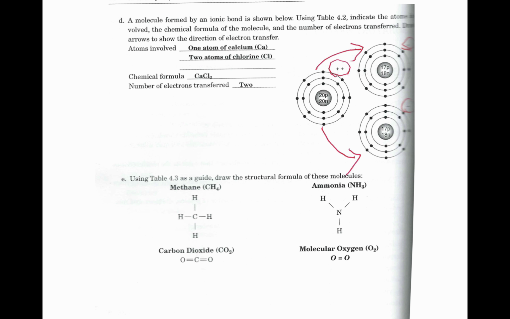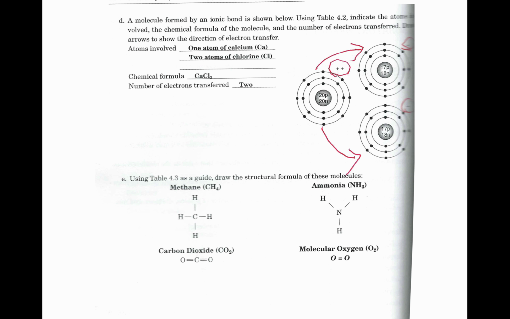Thus now it has 8. Remember, they have to be full. So an electron shell wants 8. It is happy with 8. Hydrogen is happy with 2 in its outer shell because that's all it would ever have.